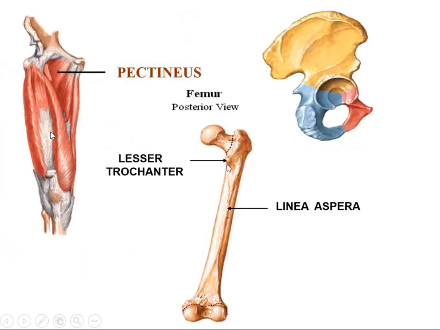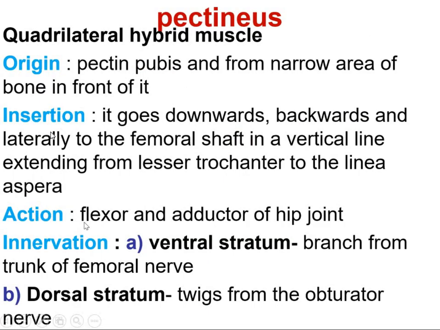So from the lesser trochanter to the linea aspera, it is going posteriorly. Action is, it is a flexor and adductor of the hip joint. Innervation is, the ventral stratum is from a branch of the femoral nerve, and the dorsal stratum is from the obturator nerve. So it is a hybrid muscle supplied by two nerves.